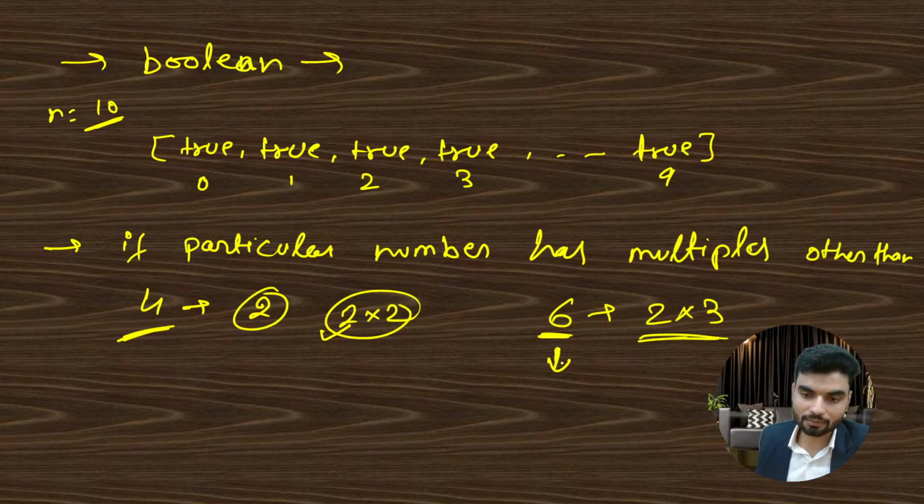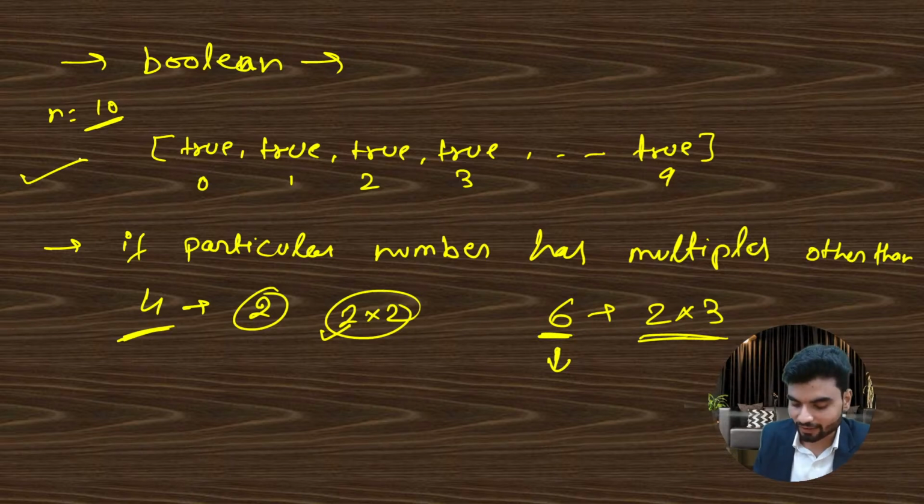All the tough things are here, so listen carefully. We can have an array where all the values are assumed to be prime. Then we check which numbers have multiples. All those numbers that have multiples, we'll make false. The remaining values will be true only, and these are the primes.